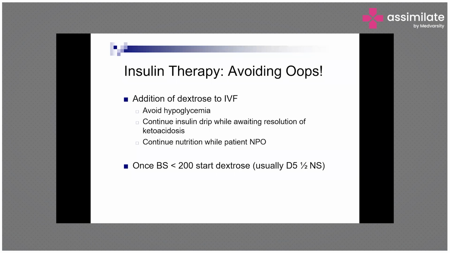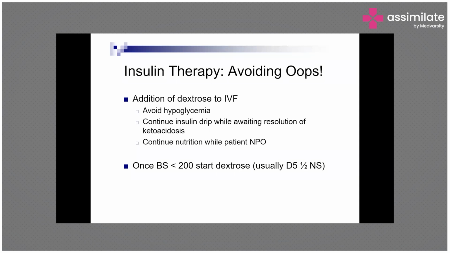What do you avoid? As far as fluid therapy is concerned, you should try to avoid hypoglycemia, because overzealous insulin and overzealous fluid correction can lead to hypoglycemia, which may be very detrimental, and we may have to give dextrose supplementation in this situation. And then we also need to keep giving orally to the patients also.